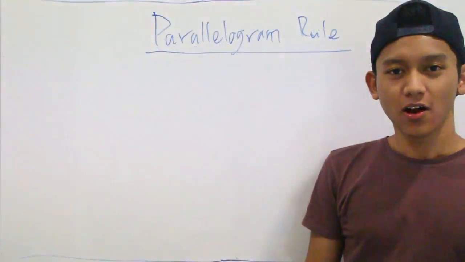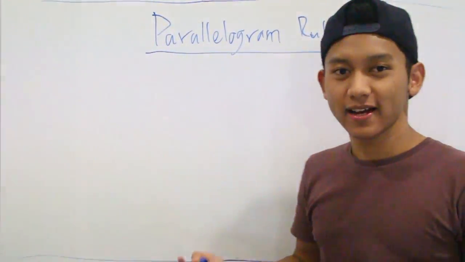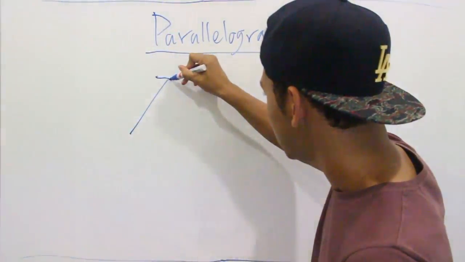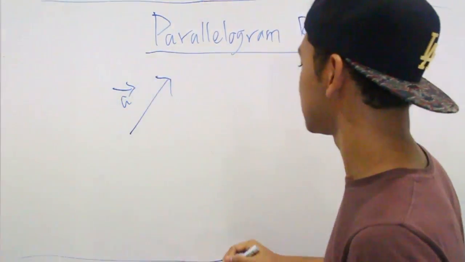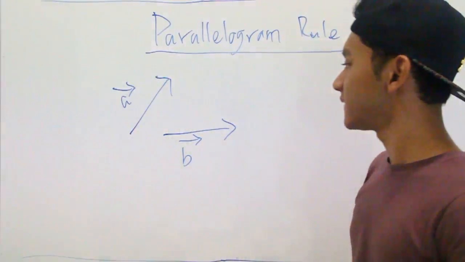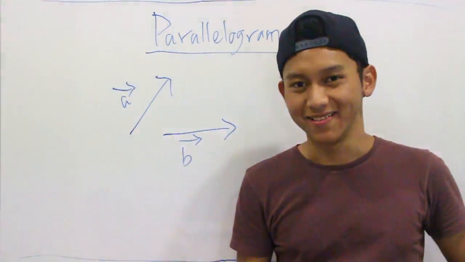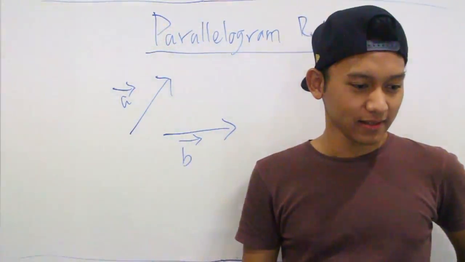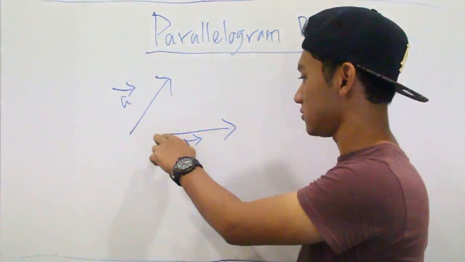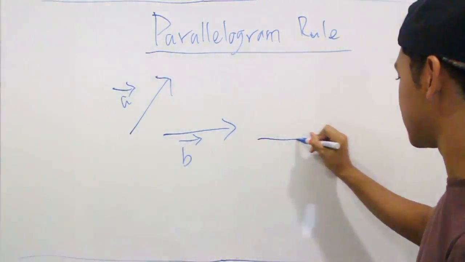Alright. Now we're going to talk about the parallelogram rule. You can also use this rule to add 2 geometric vectors. Let's say we've got vector A, which looks something like this, and we've got vector B. Now to add these vectors using the parallelogram rule, we position both vectors with their tails at the same point, touching.